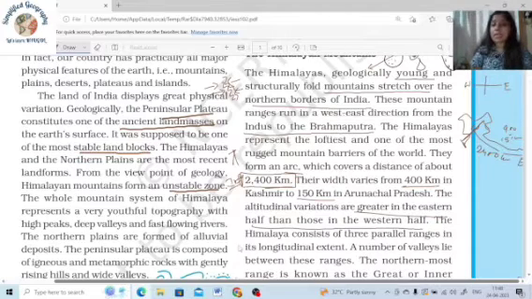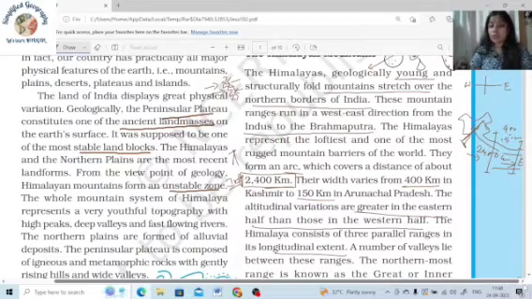The Himalaya consists of 3 parallel ranges in its longitudinal extent. Okay, longitudinal, that means the west to east extent. We have 3 parallel ranges, and a number of valleys lie between these ranges.